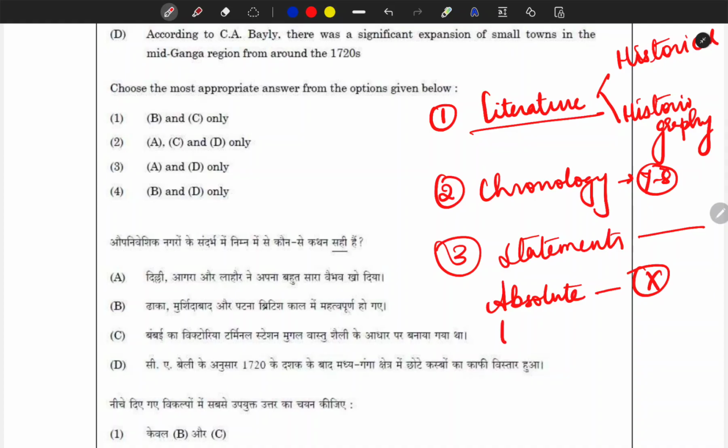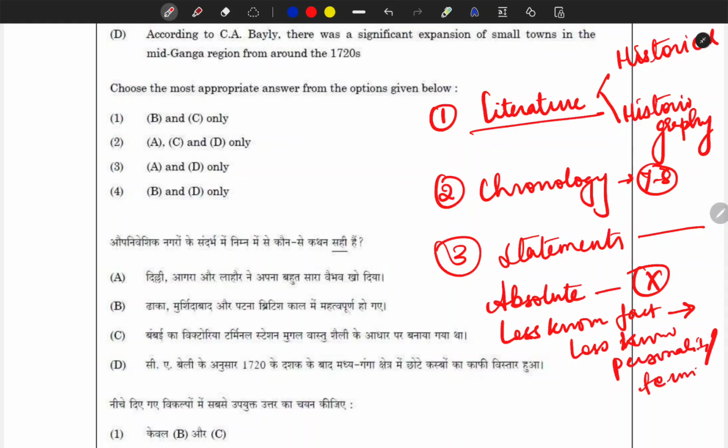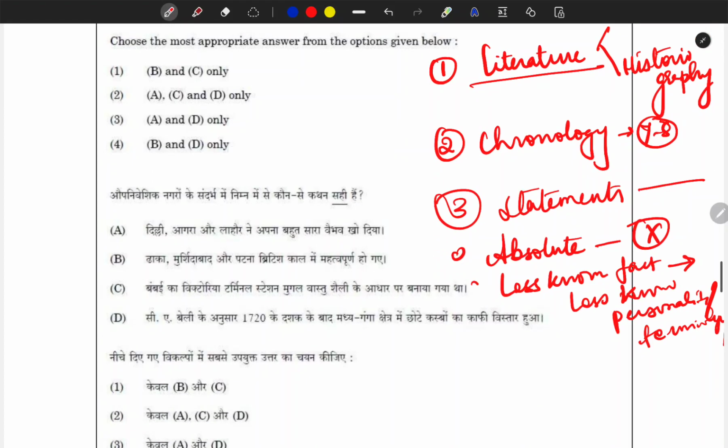Second thing is that less known facts, less known personalities or terminology, this is how you have to match. These are usually correct.